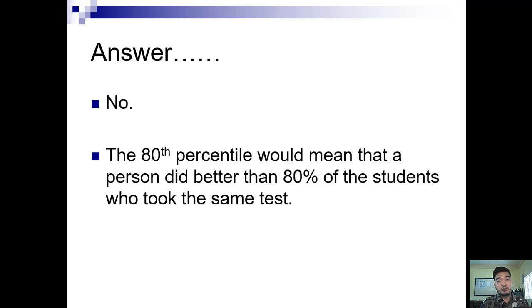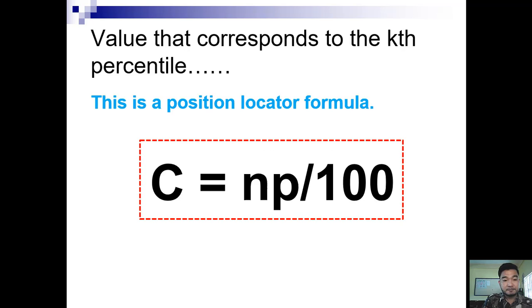So, yung 78 mo na yun, ibig sabihin, mas mataas ka sa 80% ng mga estudyante. Pero hindi ibig sabihin ay 80% yon ng exam. Okay? Position ang tinitignan natin dito. Kaya nga siya tinawag na measure of position.